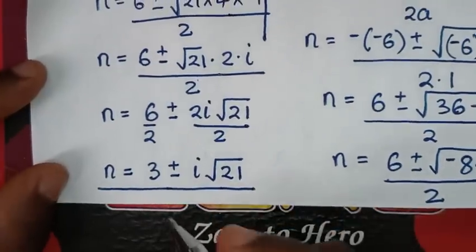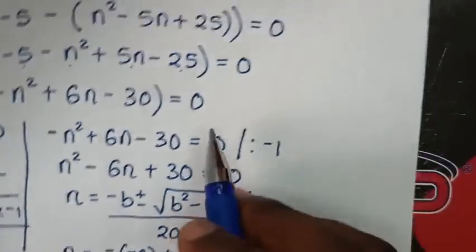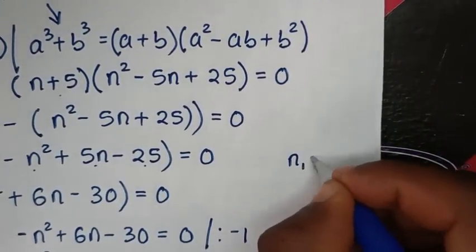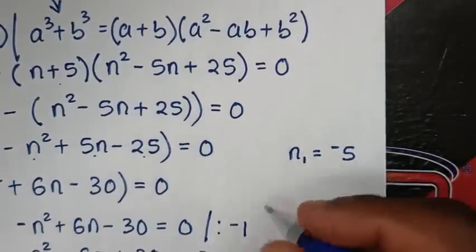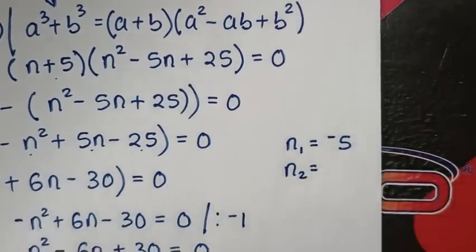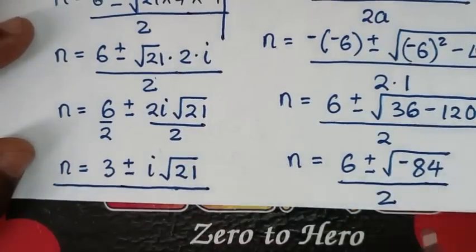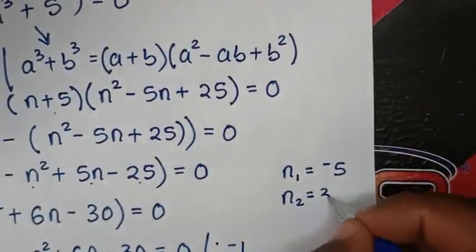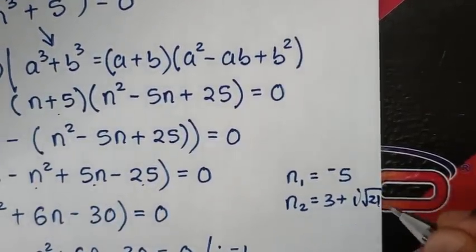Therefore, our conclusion: the first value of n is equal to negative 5. So n1 is equal to negative 5, which is a real solution or real root. The second value of n, which is a complex root, is 3 plus i square root of 21.